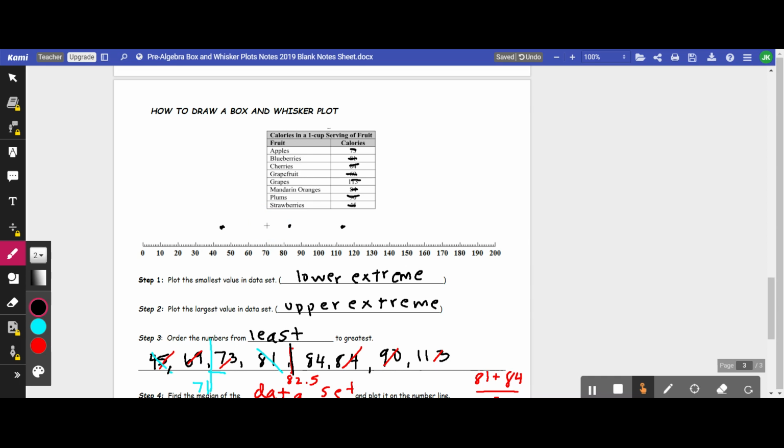I'm regraphing this here. Okay, so your 71 would be right around there, or maybe a little to the right.